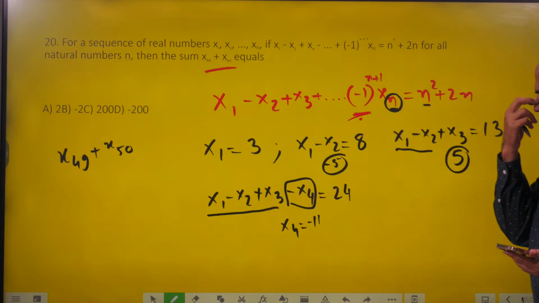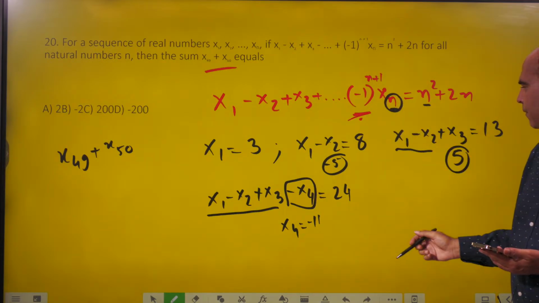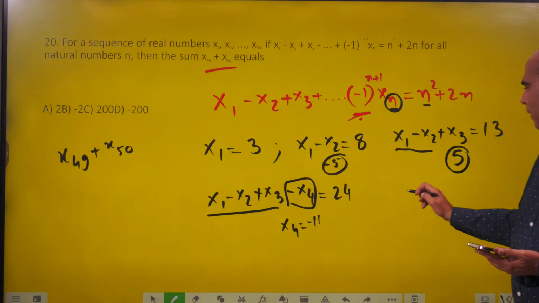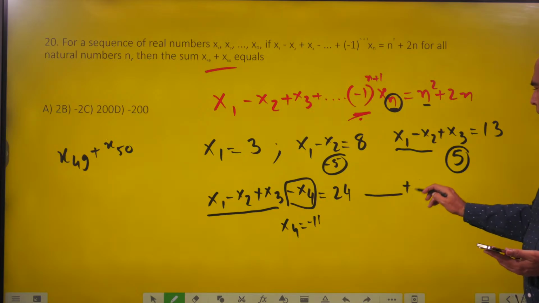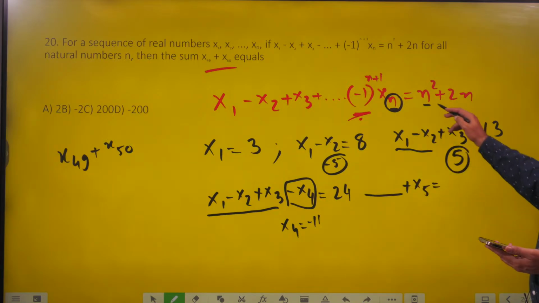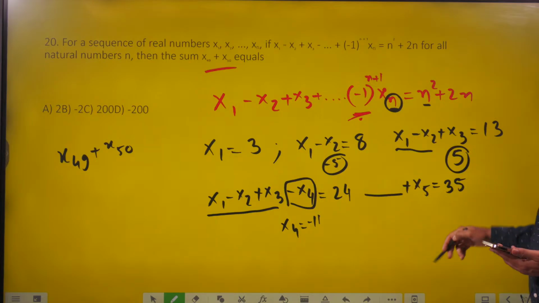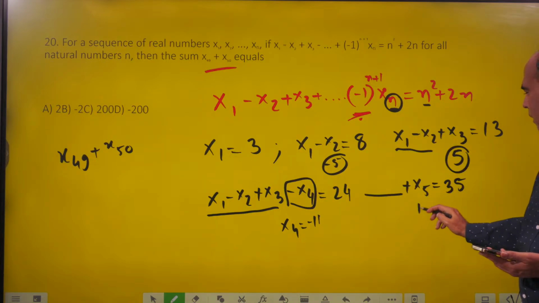No pattern till now. If I go to x5, x5 will be this whole expression plus x5. That expression plus x5, and this value is 25 plus 10, 35. So that tells me that the value of x5 is 11.